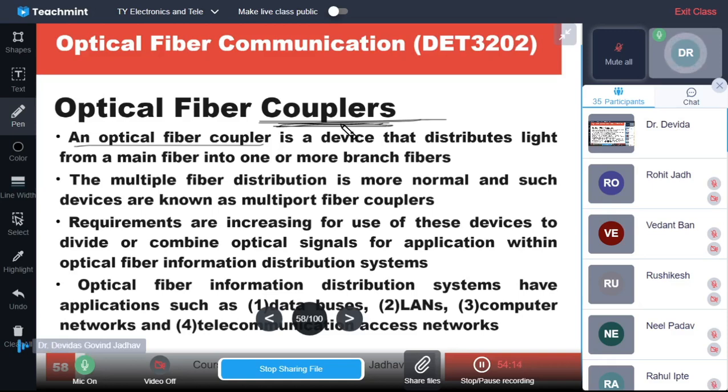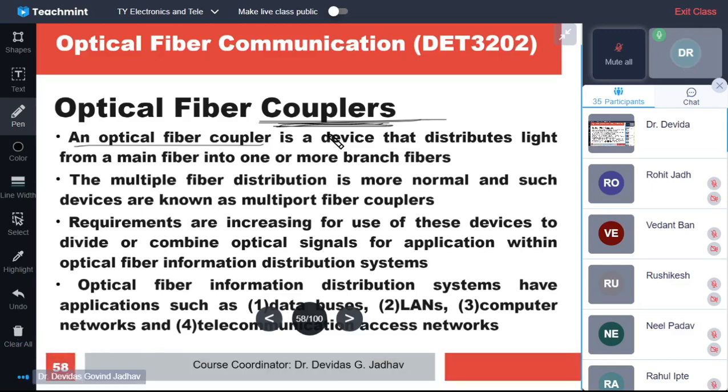Two types of couplers are there. One is the splitter and the other is the combiner. And where will it be useful? It will be useful in optical networks, because networks require sharing of the signal. We have LANs, star topology, hybrid topology, ring topology, and so many others.